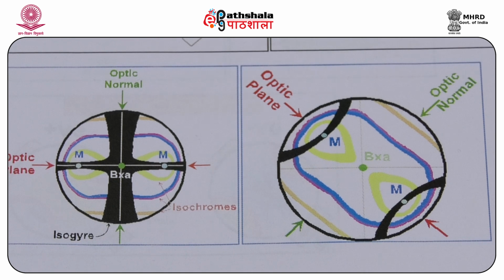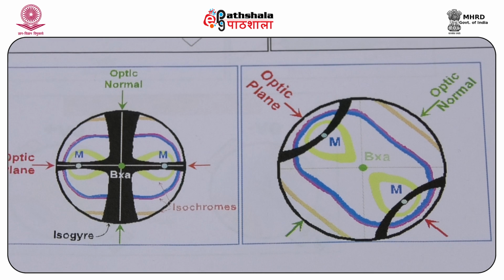If the optic plane is oriented east-west, the isogyre forms a cross with the arm parallel to the trace of the optic normal being wider than the isogyre parallel to the trace of the optic plane. The positions of the melatopes are marked by narrowing of the isogyres.